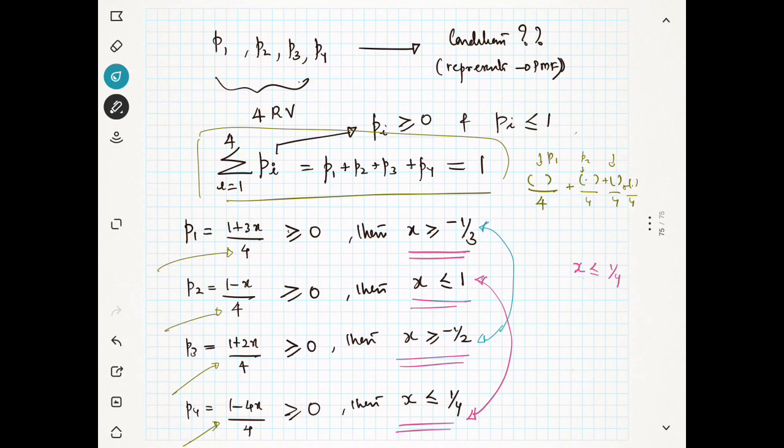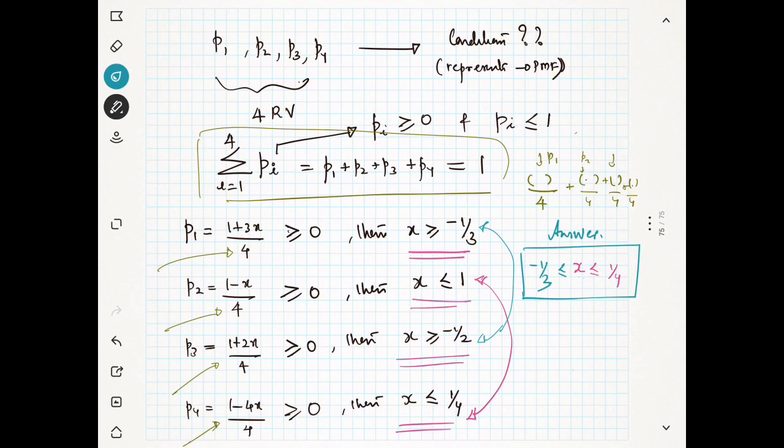So if I choose x as minus 1 by 2, then the condition for p1 will not be satisfied. So I have to take the condition x should be greater than minus 1 by 3. So my value for x is actually between minus 1 by 3 and 1 by 4. So this is my answer. Okay, I hope this is clear to you.